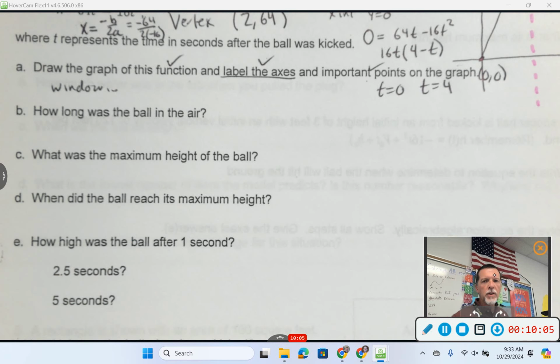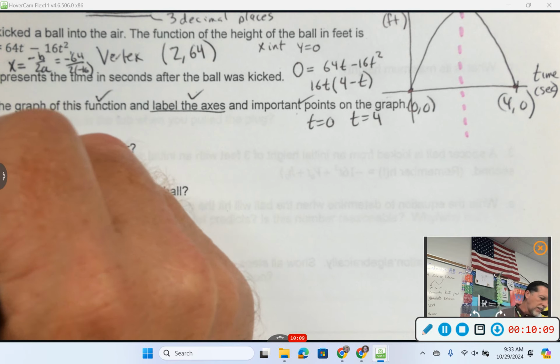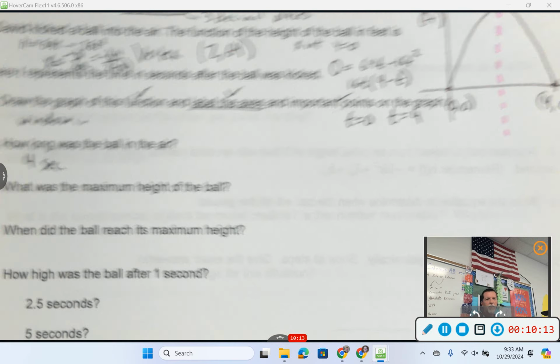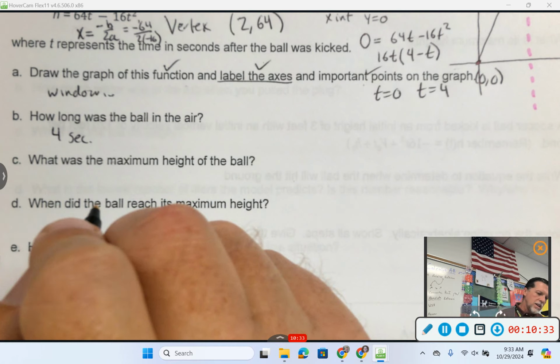How long was the ball in the air? 4 seconds. I like that answer. How would you justify that, or how did you know it was 4 seconds? What did you plug into an equation? Noah, what would you say? 4 seconds is double the number of the vertex.